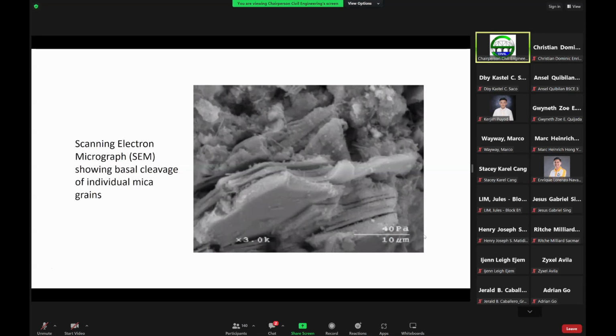Sometimes in practice we require the SEM just to clearly distinguish between clay minerals, because there are some clay minerals which are a bit problematic. We call them problematic soils with respect to construction.